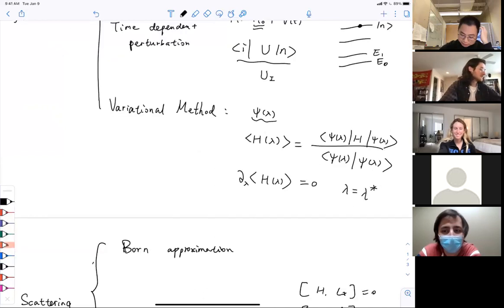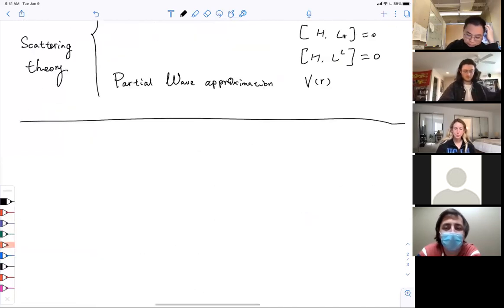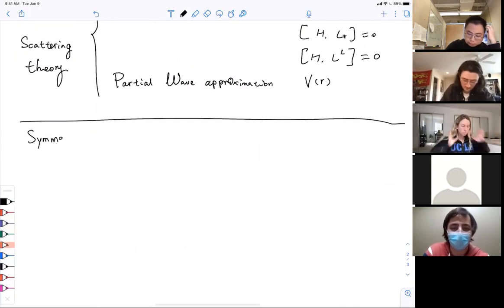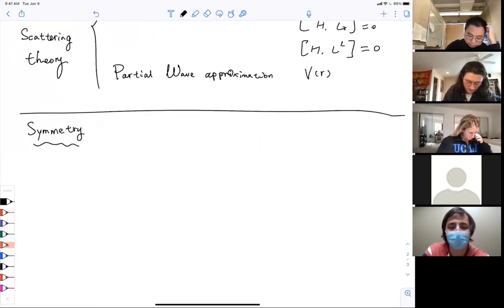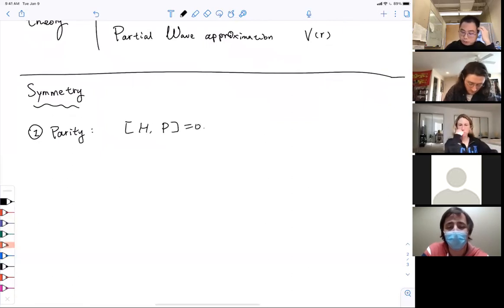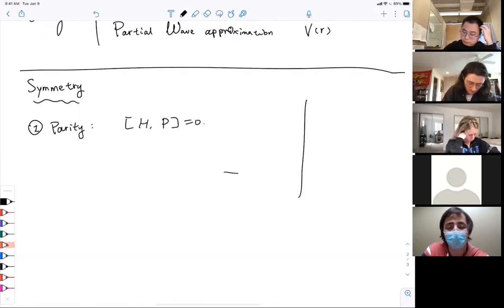Okay, so next, let's go to some topics that I think are important and may be present in the exam. Let's first look at the symmetry part. First thing is about the parity, right? Parity is important when your Hamiltonian commutes with the parity operation, which basically means your potential is symmetric around some axis.